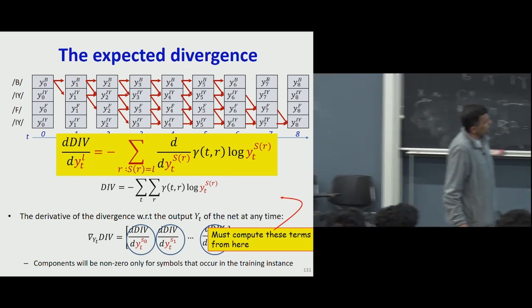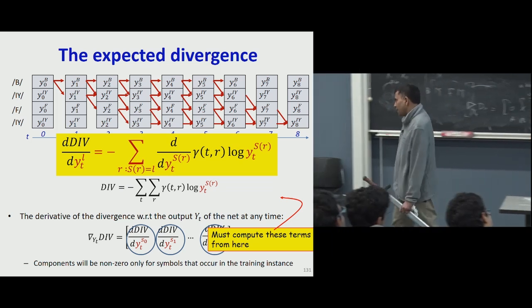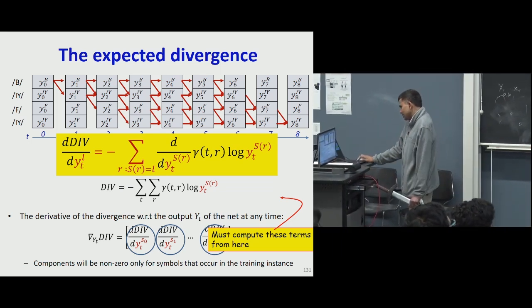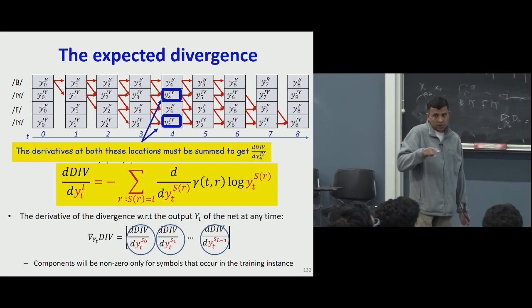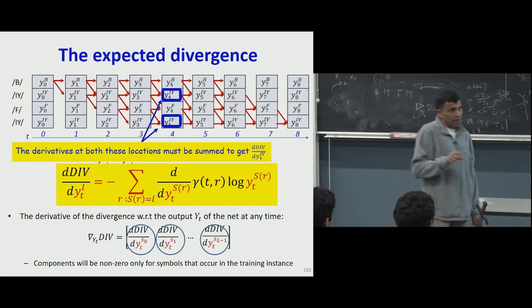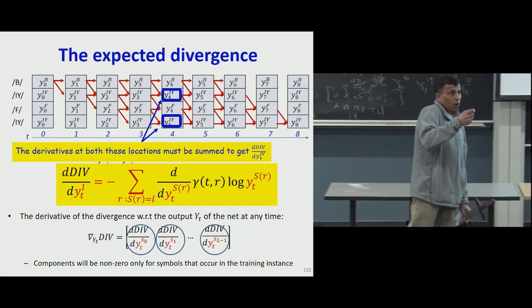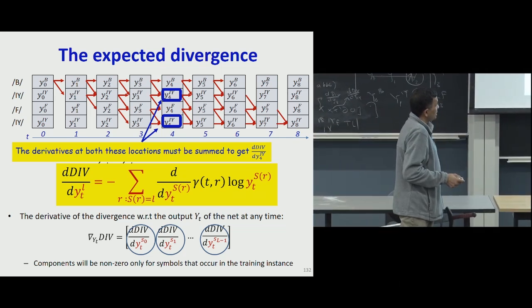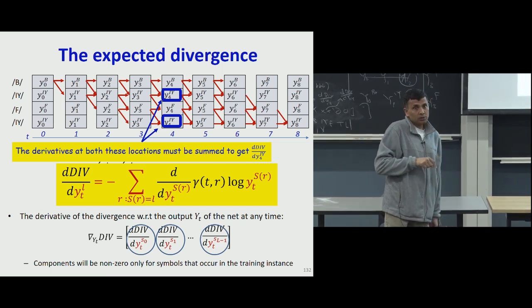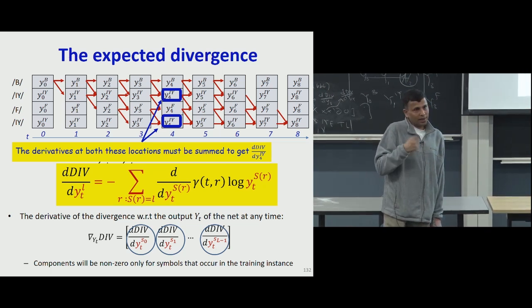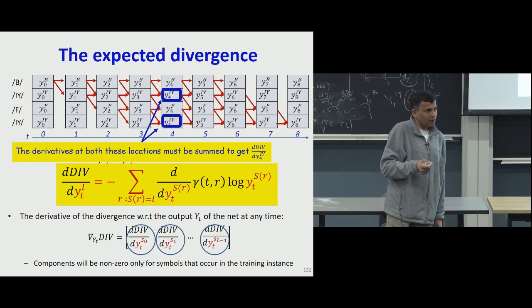So here, for example, the symbol E occurs twice, right? So if I want the derivative of the divergence with respect to the probability assigned to E at time t equals 4, I must compute the derivatives with respect to the values in each of the 2 boxes, and then add them, right?